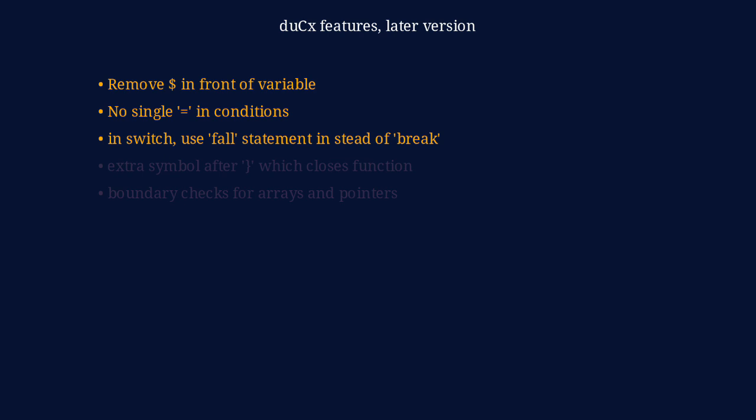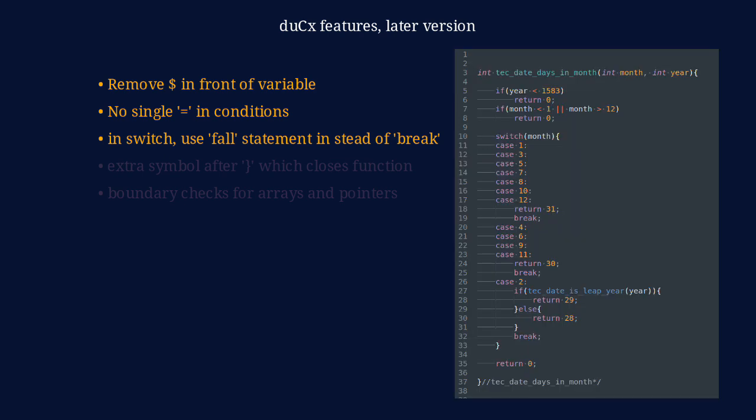Okay, now when it comes to switch statements, the way switch statements in C work is often heavily criticized because of the break statement you have to put in there, and if you don't put a break, then it falls through. And I can see why people complain about that. I think there is something elegant about it, though. I have this code in my library for figuring out the number of days in a month, and if you look at that code, there's a very good reason for deliberately falling through.